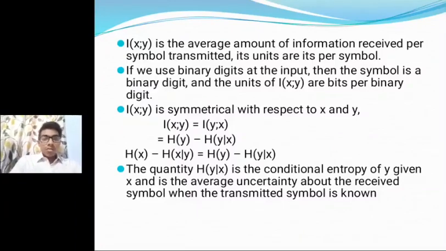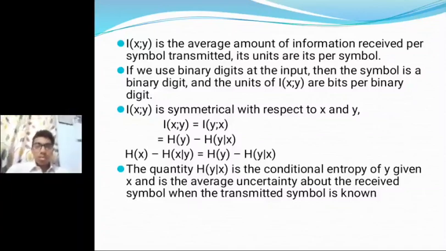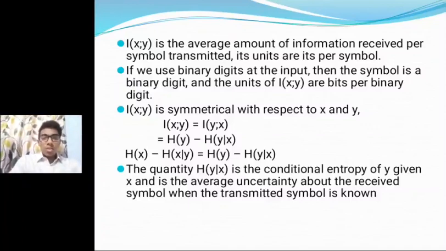If we are using binary digits at the input side, then the symbol is a binary digit, and the units of I(X;Y) are bits per binary digit, because we are using binary symbols. Now I(X;Y) is symmetrical with respect to X and Y, because we can replace x with y and y with x.